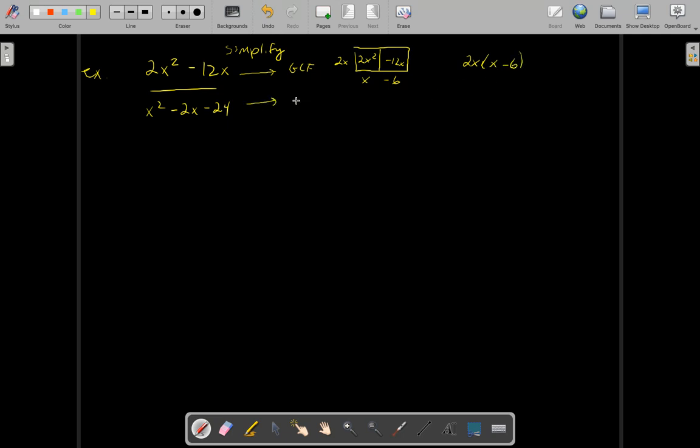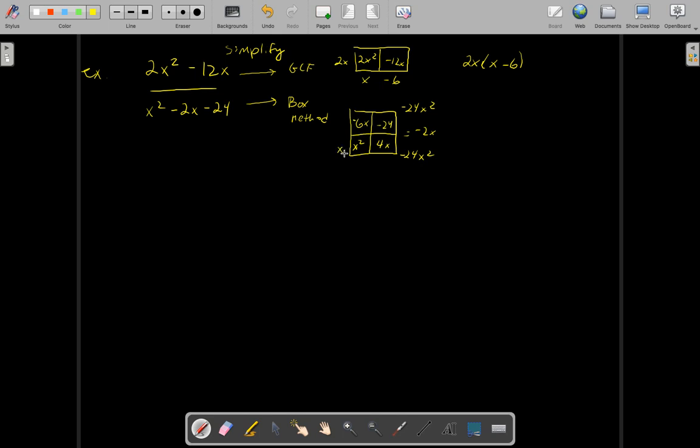And then this one, you have to use the box method because it is a quadratic. So if I make the box out, x squared, negative 24. Then you have to figure out what 2 numbers multiply together to equal negative 24 and add up to negative 2, which is 4 and negative 6.